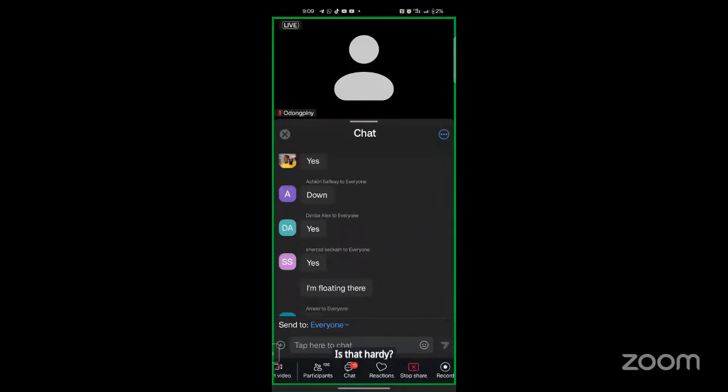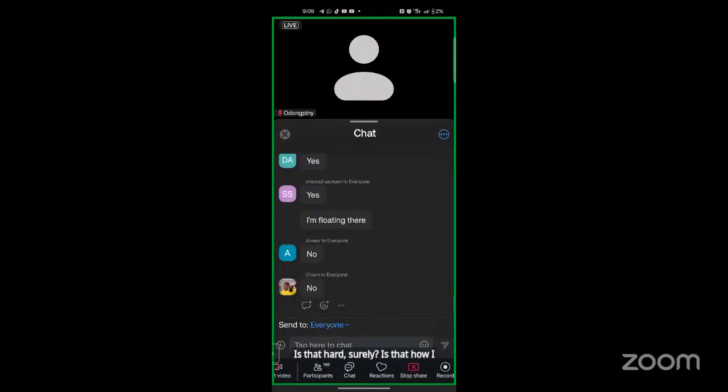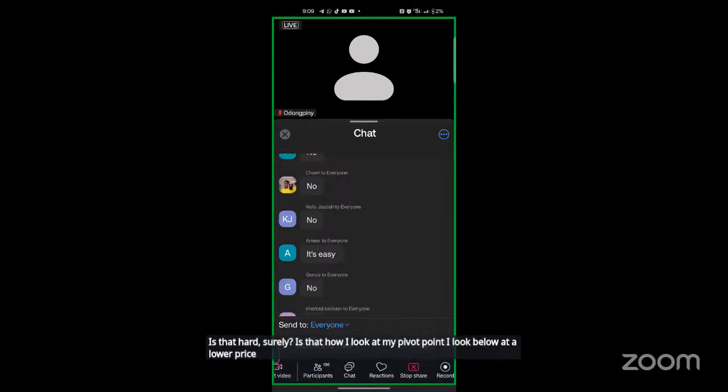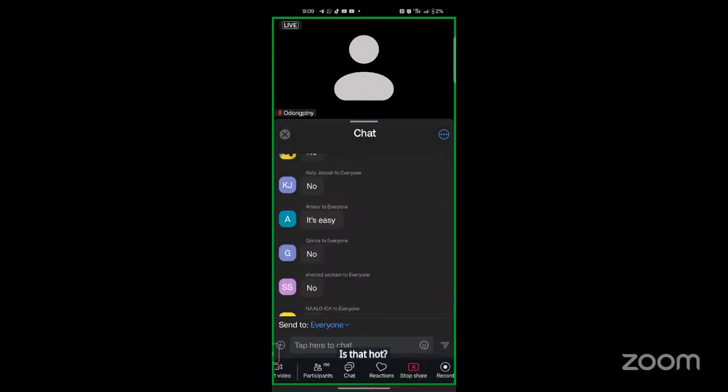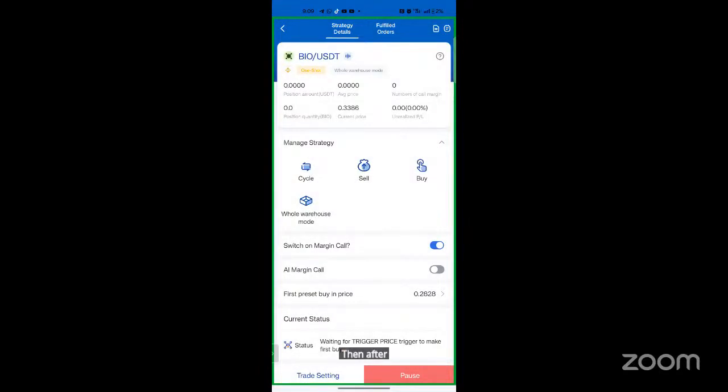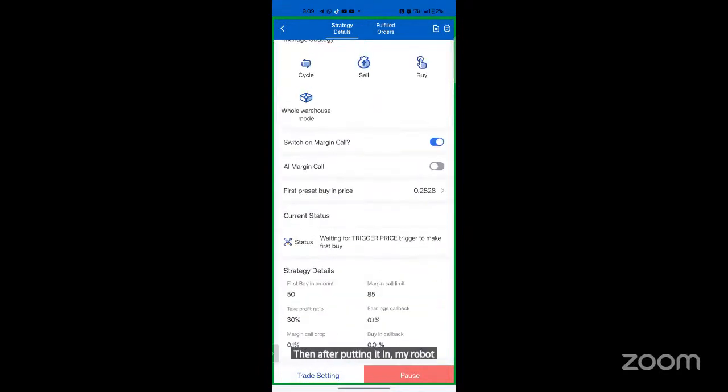I look at my pivot point, I look below at a lower price, and put it as a preset price. Is that hard? I'm just buying at a lower price. Then, after putting it in, my robot will wait to buy.